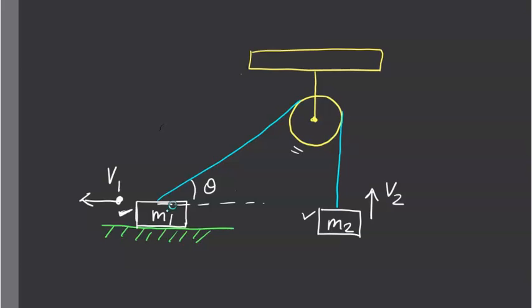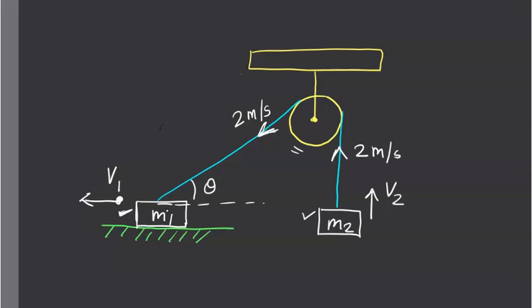So here you can see that if this particular string is going upwards with 2 meter per second, that means this particular part of the string is going in this direction that I am showing here with the arrow with a 2 meter per second speed.